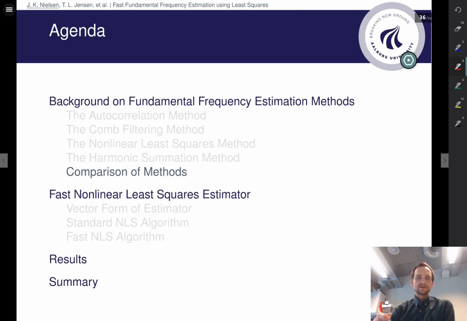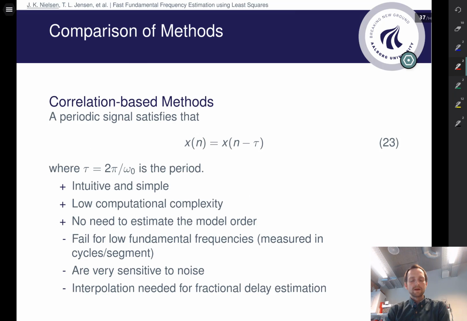So I'll give you just a brief comparison, and this should really work as a motivation for why we want to look more into the nonlinear least squares method. To summarize, I would call the autocorrelation method and the comb filtering method correlation-based methods, and they basically work on the principle that I sketched here.